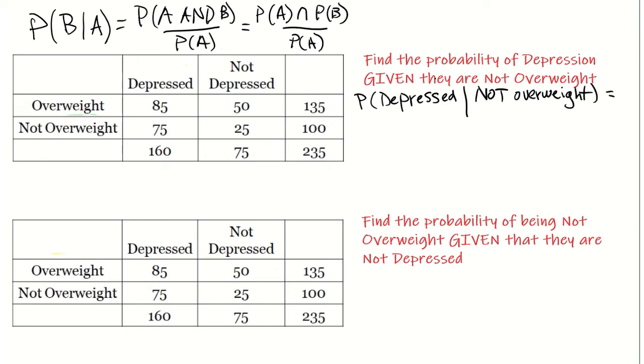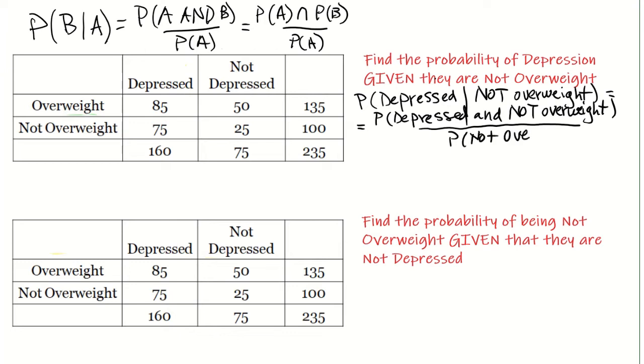So once again, our numerator is going to be the intersection of depressed and not overweight, divided by the probability of not overweight. Okay. And let's see what that is.